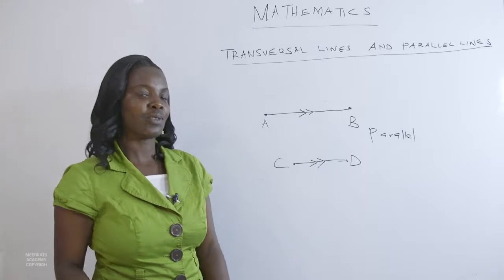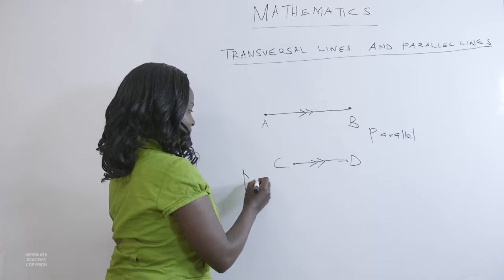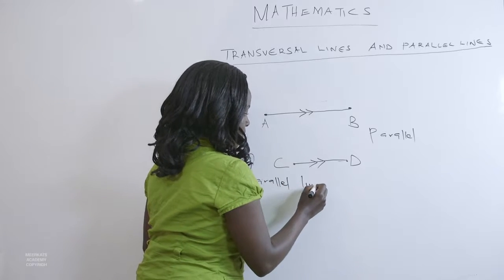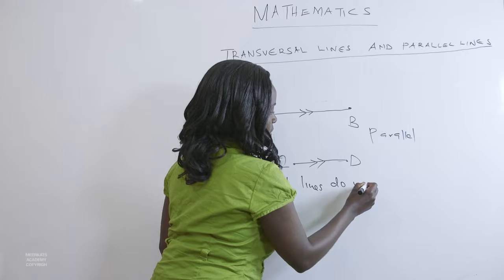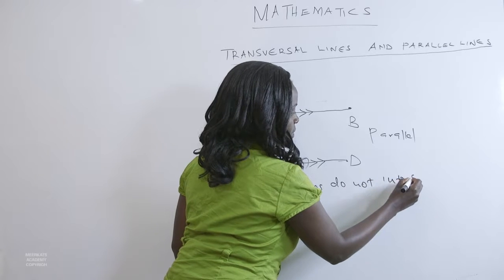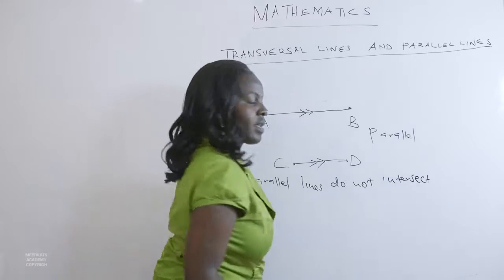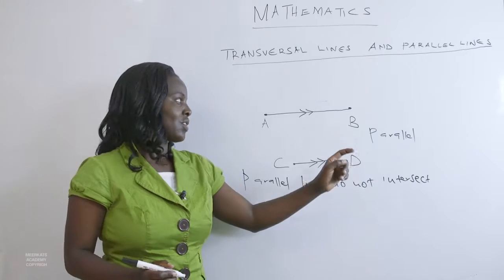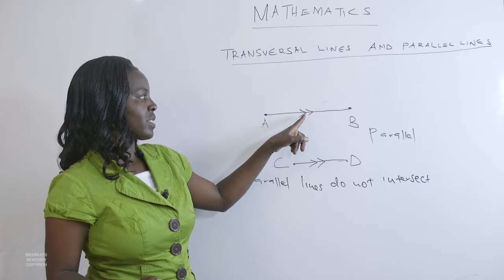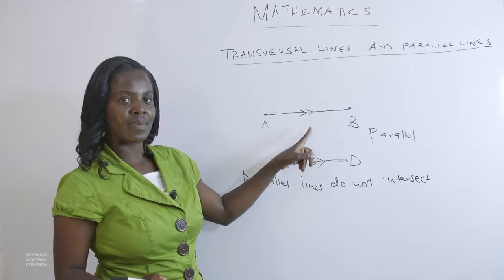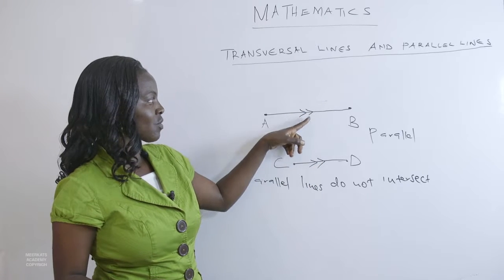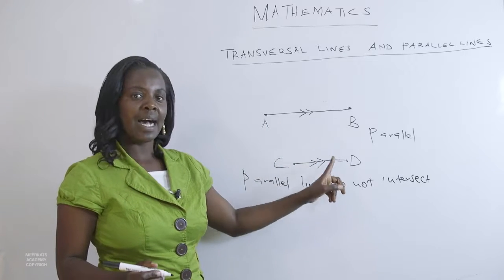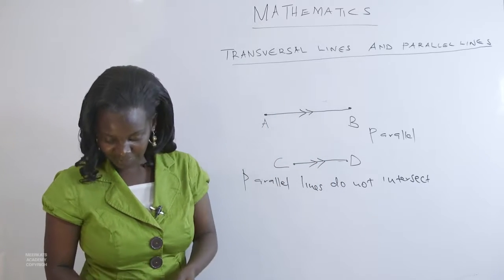Parallel lines do not intersect. They do not meet or they do not intersect. So we show using the same markings. These 2 markings here show that AB and CD are parallel to each other.